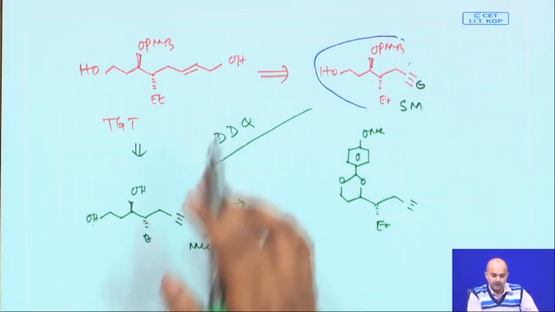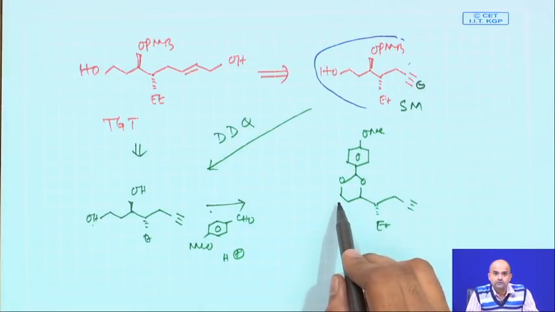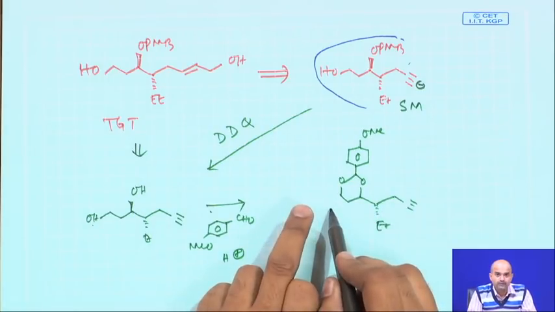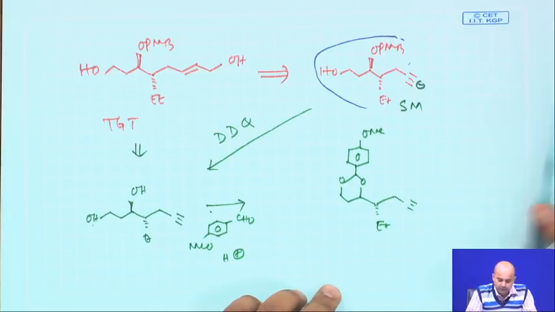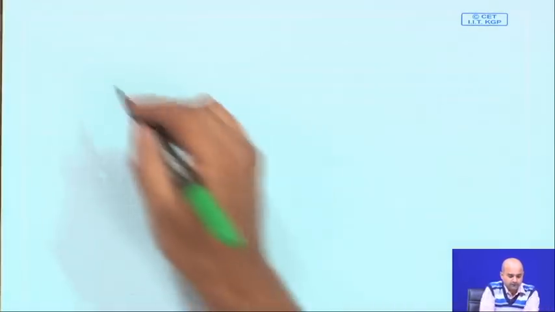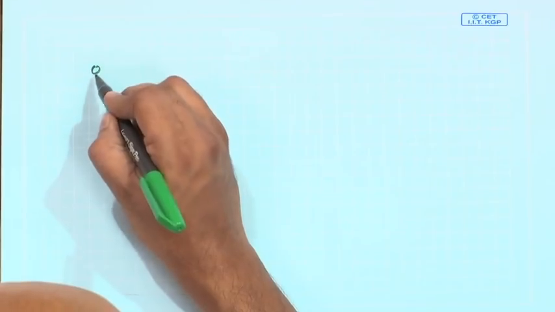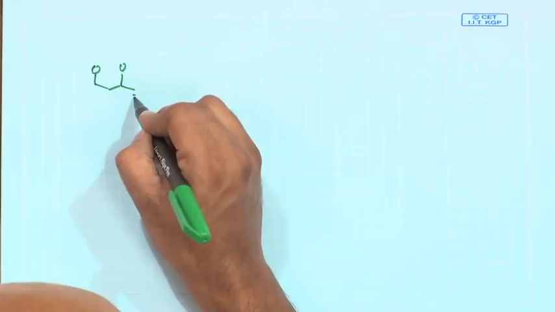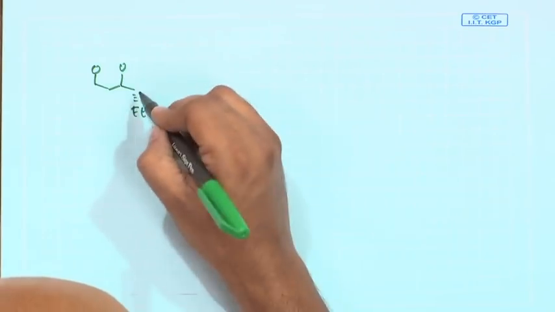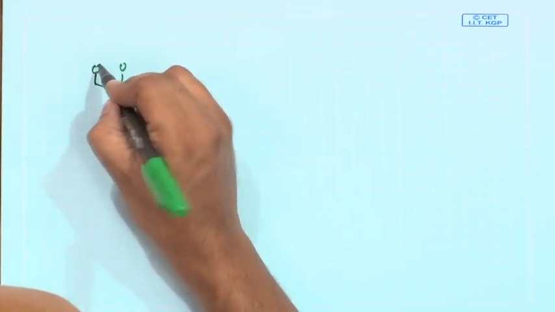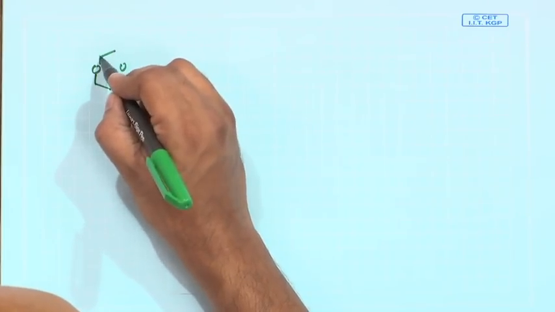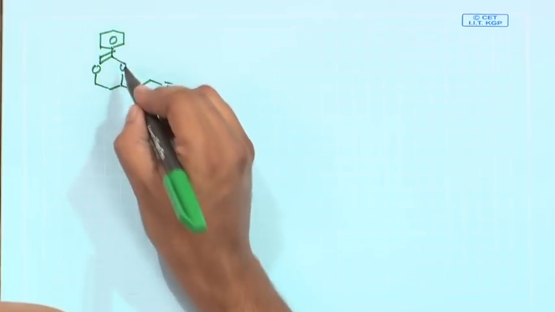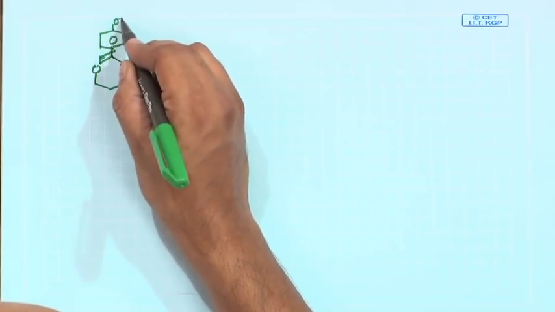Now, if you see the earlier one, this is a non-symmetrical acetal, because this group has a bulky group and this group has only hydrogen. Now, if you subject this acetal, we will write this acetal again on the next page and see how it will react. The ethyl group is there. This is the OMe.